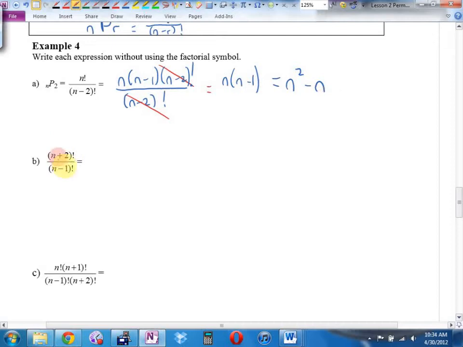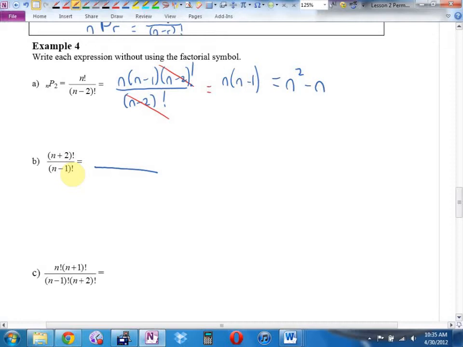Here's another factorial expression to simplify. What's bigger, n plus 2 or n minus 1? I'm going to start to expand that, and I'm going to stop when suddenly I get to n minus 1. Then I'm going to quit and replace the rest of them with a factorial expression.